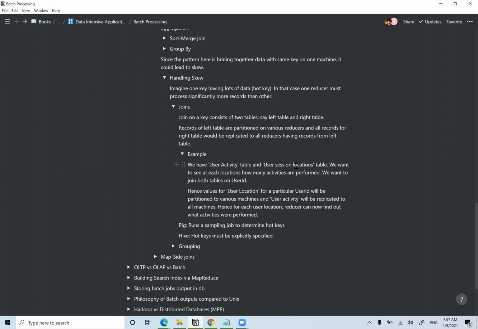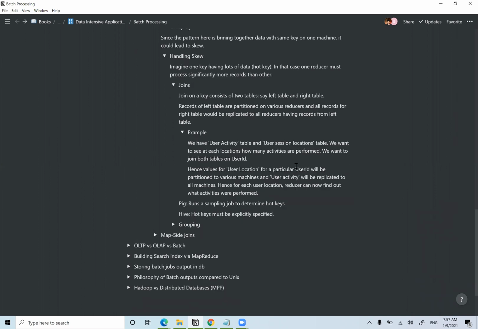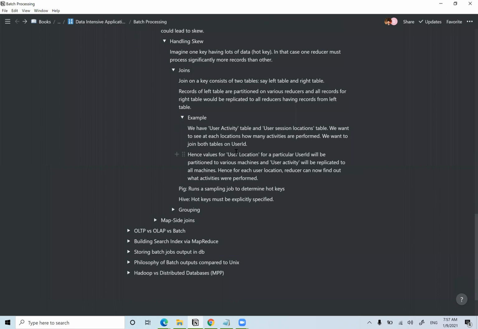So basically I can partition the user location data on multiple machines, and all the records in user activity for that user ID will be copied to all those nodes which have user location partitioned.